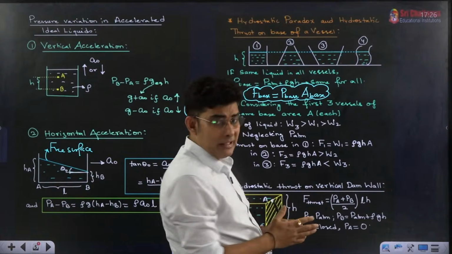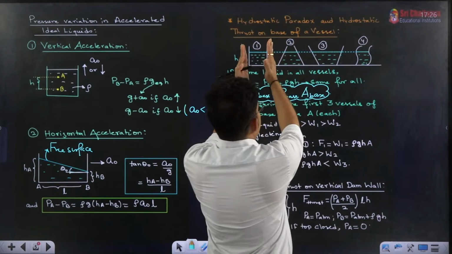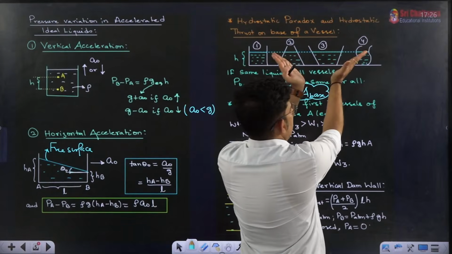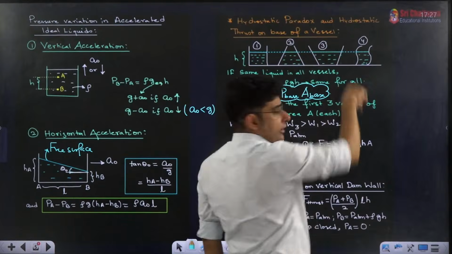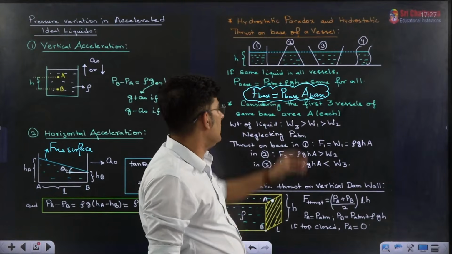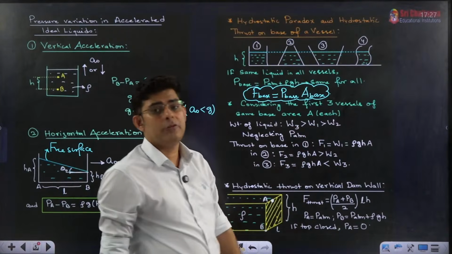But if you compare with the weight, now what is happening when the vessel, if you take vertical walls and you expand it like this, the liquid is exerting some force on the side walls also. Because of that, the force on the base will be lesser than the total weight of the liquid.